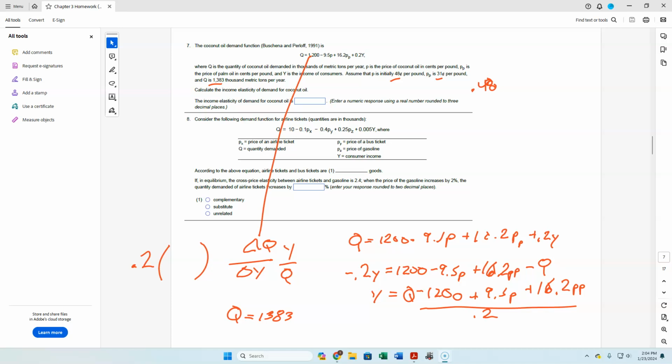Then for my Q, that would be, in this case, 1383. And my Y term is going to be this that I'm going to put in my numerator here. And then we solve. And you're going to get actually a pretty clean number. In my case, with my number here being 47 cents, I got 0.9.